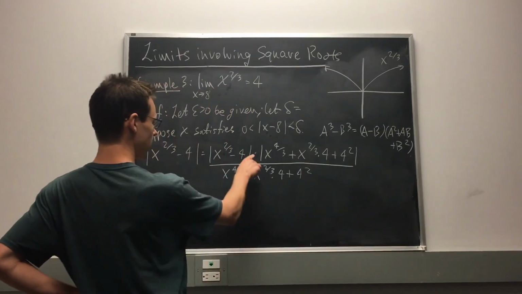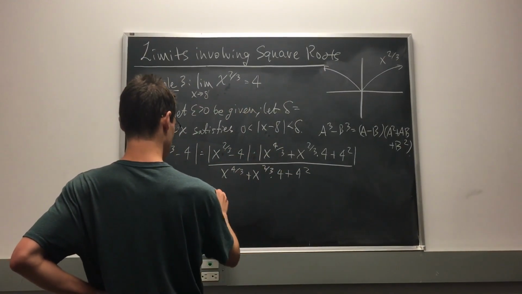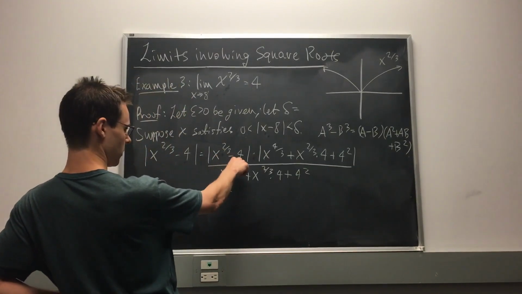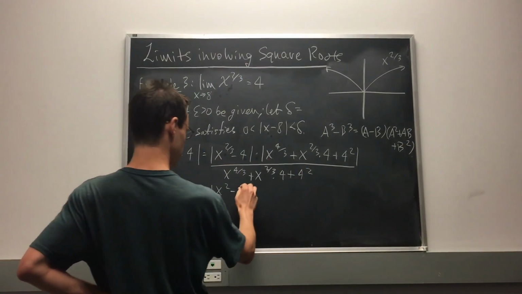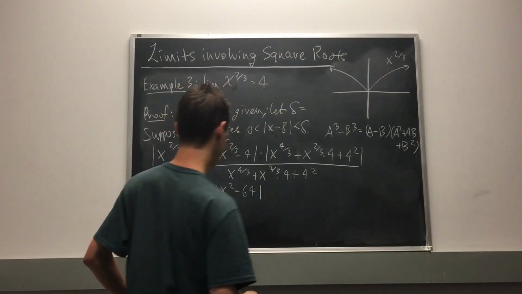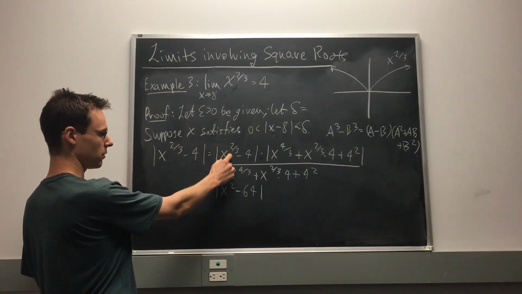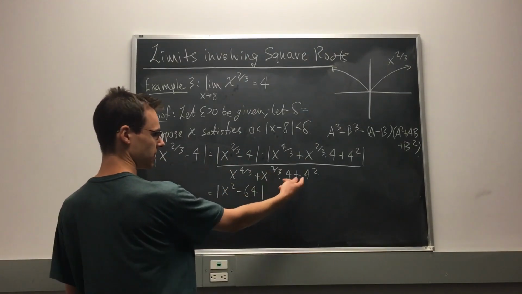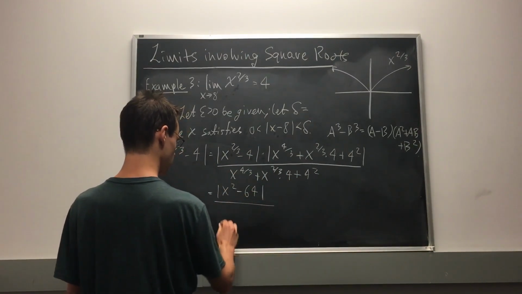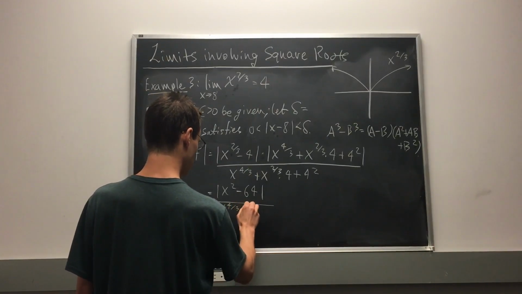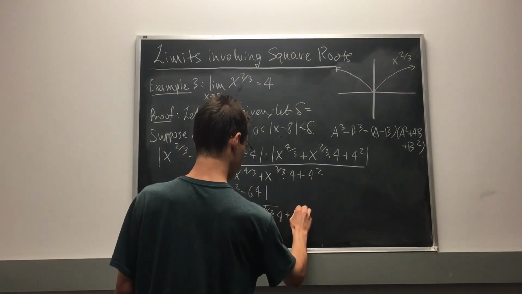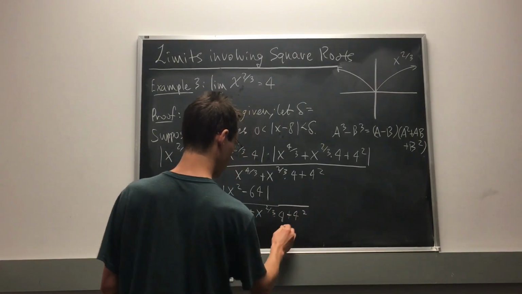There we go. And now this stuff is going to multiply out to be x squared minus 4 cubed, so 64. Right? We get this quantity cubed minus that quantity cubed, okay? Divided by the junk that we see here, x to the 4/3 plus x to the 2/3 times 4 plus 4 squared, all right?